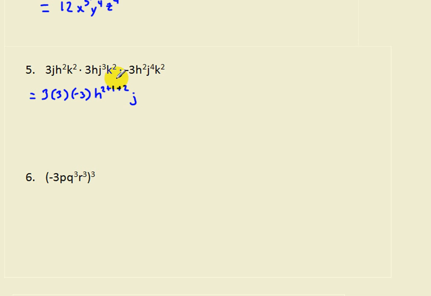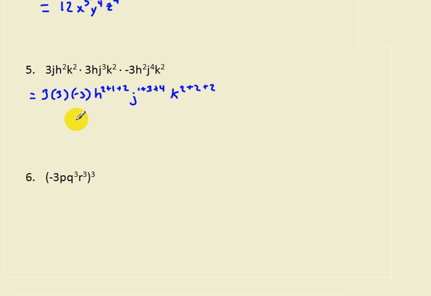Then we have j, which shows up once in the first term, 3 times in the second term, and 4 times in the third term. And then finally k, which shows up twice in the first term. We have 2 more in the second term and 2 more in the third term.